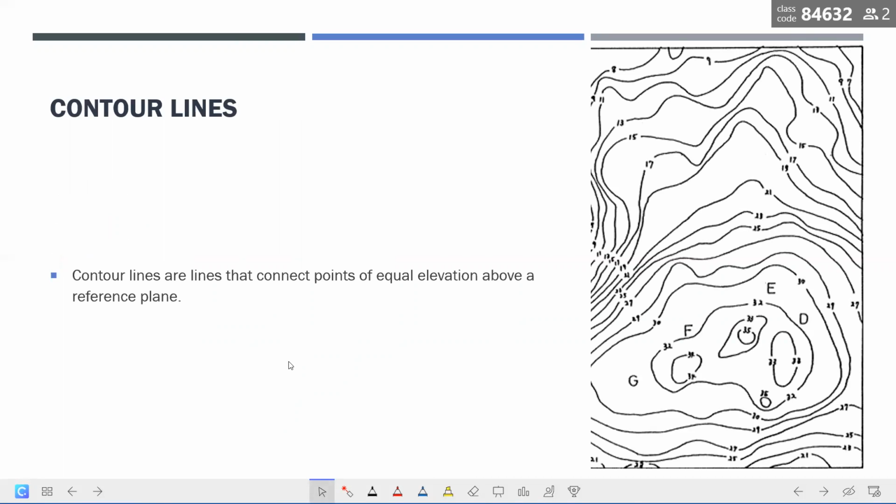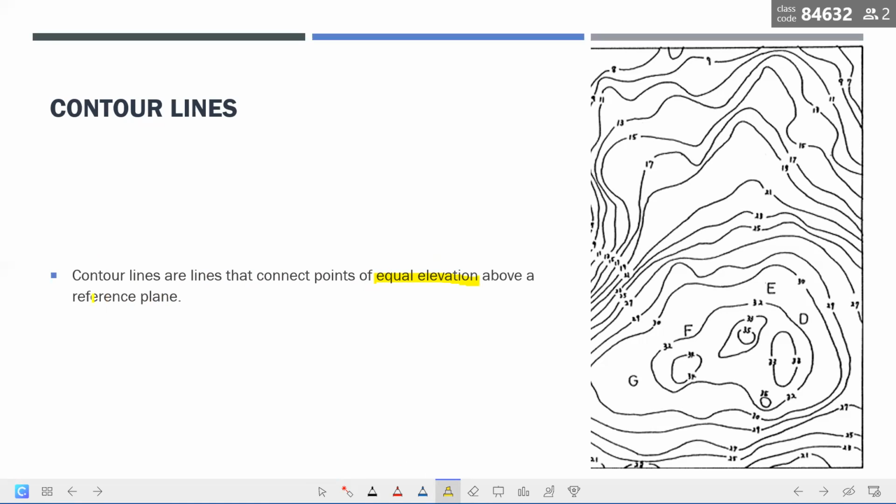So last week I talked a bit about contour lines. I think if it wasn't last week, then it was the week before. So I'll give you the definition once again here. Contour lines are lines that connect points of equal elevation. So one line represents one elevation above a reference plane.